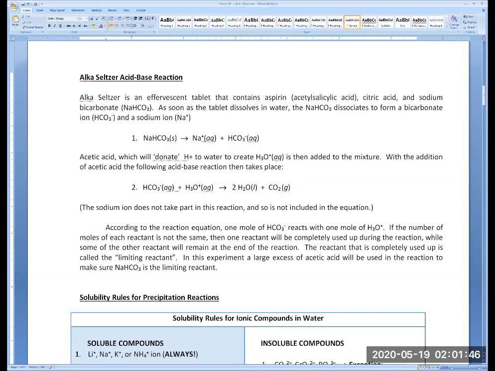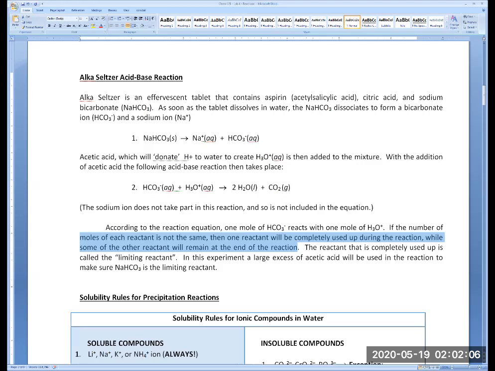And here there is a word about if the number of moles of each reactant is not the same, then 1 will be completely used up during the reaction, while some of the other reactant will remain at the end of the reaction, right?